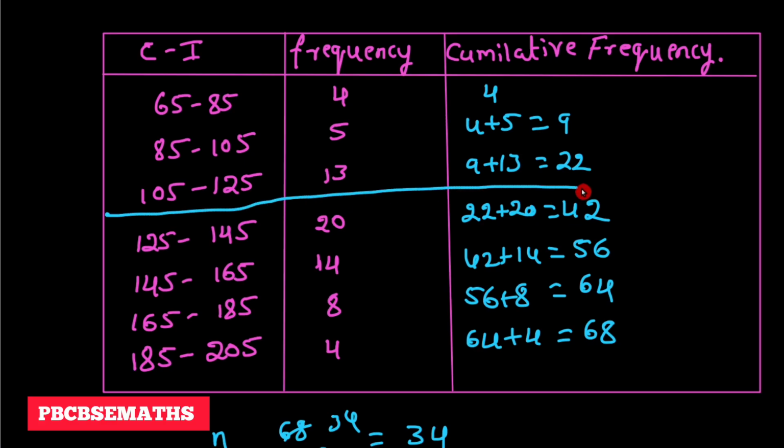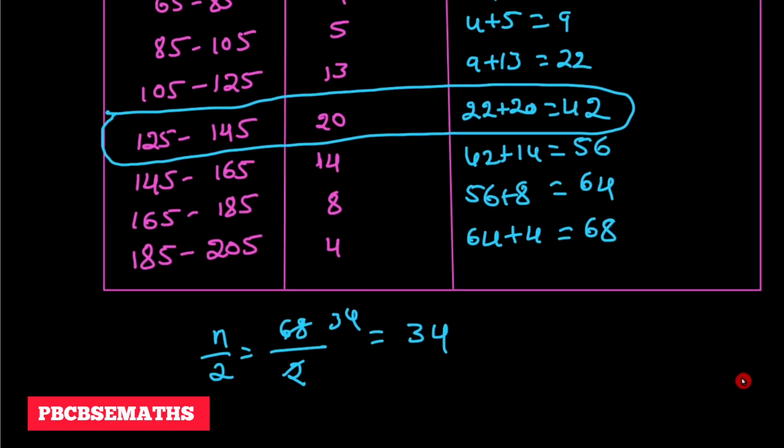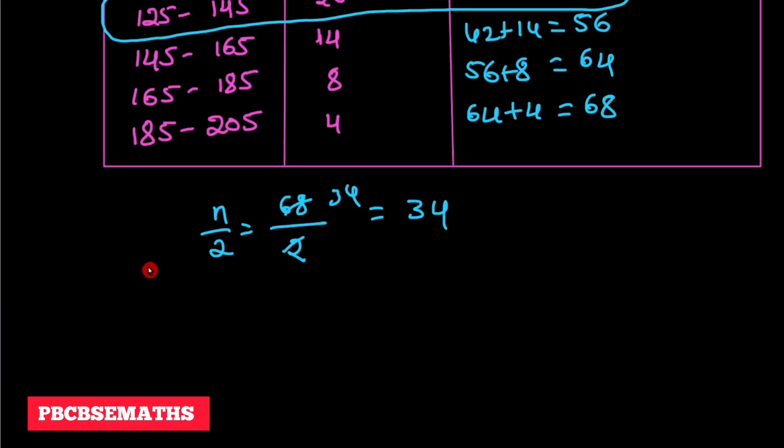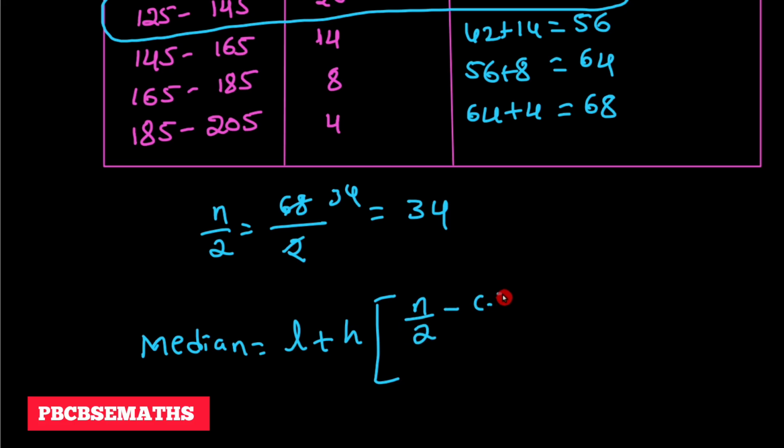So this 125 to 145 is going to be our median class. Now let's write the formula to find the median of the given data. So median of given data is equal to L plus H times n by 2 minus cumulative frequency divided by frequency. So let's write all these values one by one.